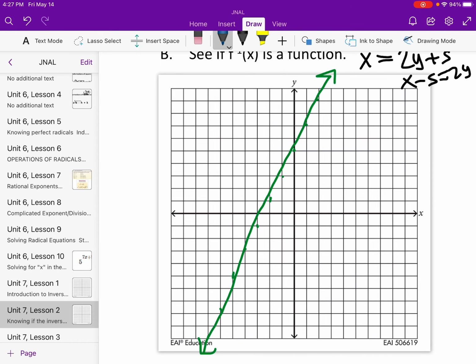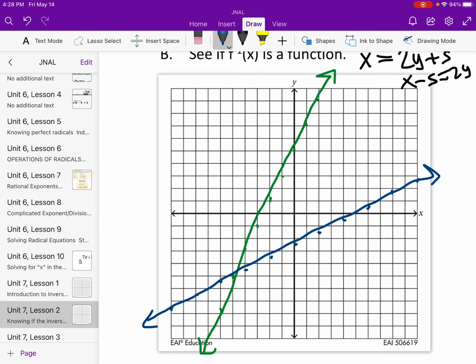The slope of 1/2 is kind of hard to draw. Alright, so there we go.